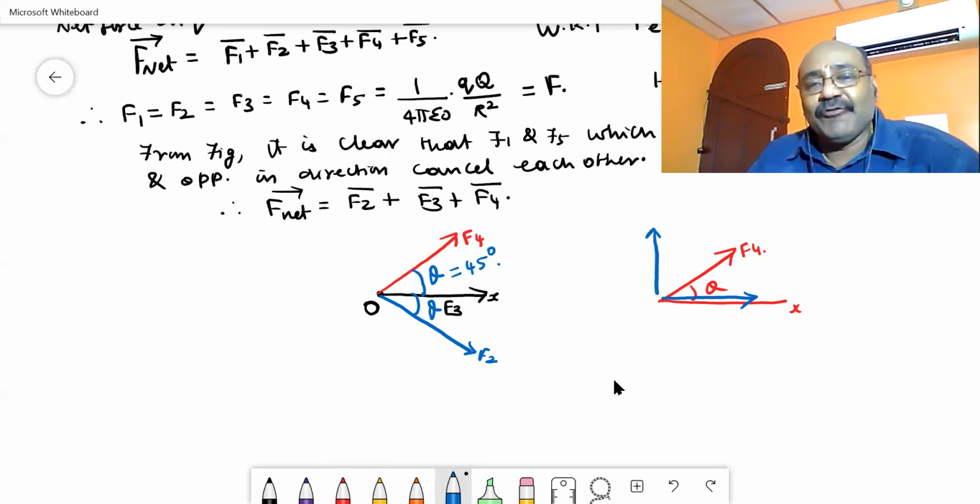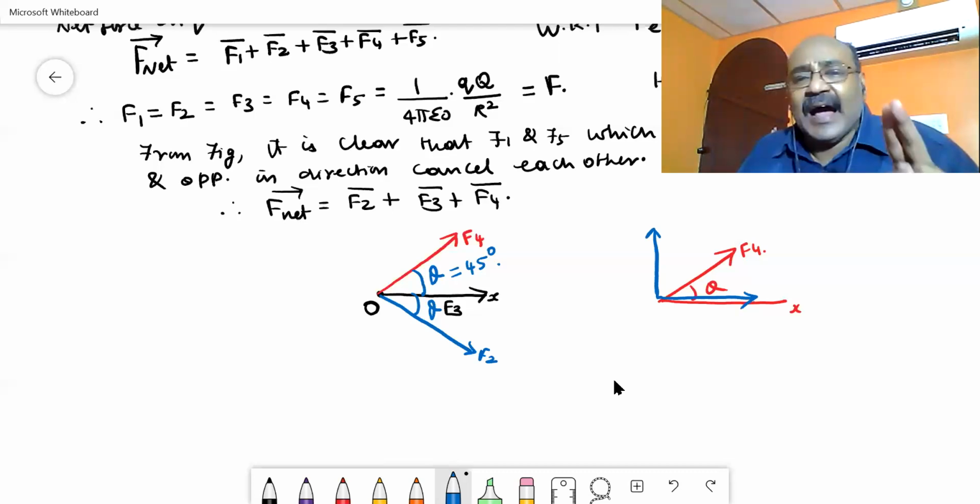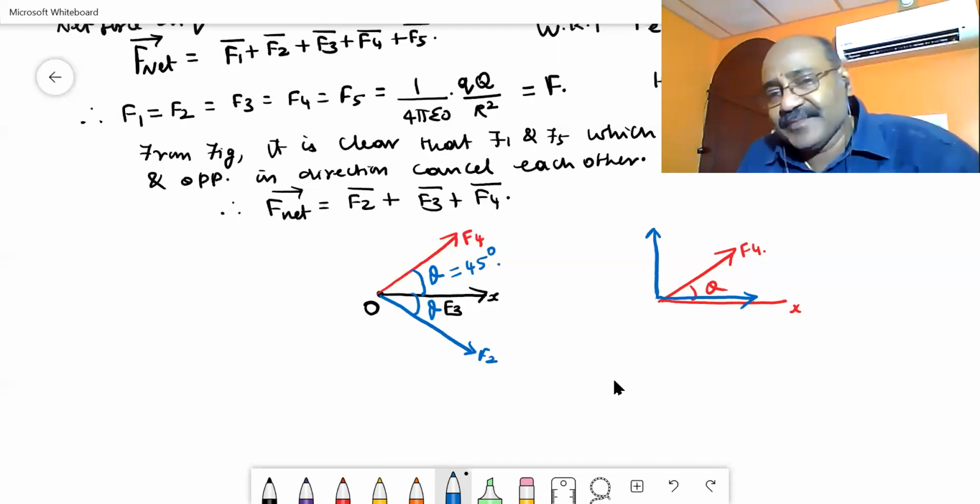That is, F4 is resolved into two perpendicular components, one parallel to the x-axis, and another one perpendicular to it.